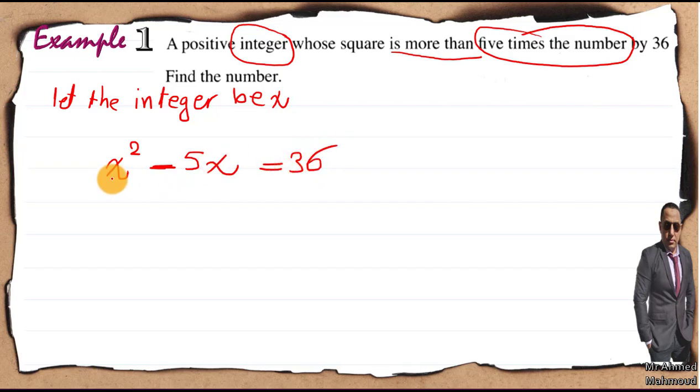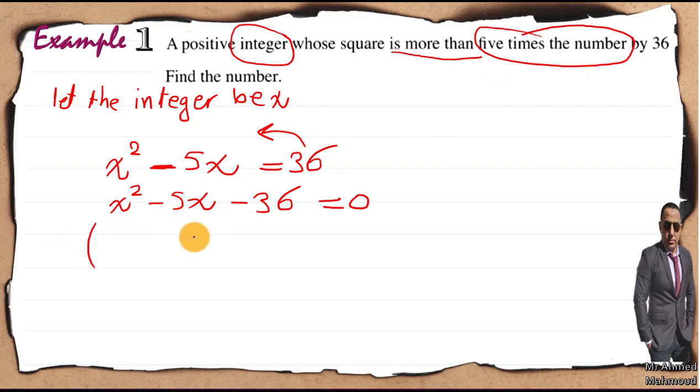So I have the number, its square, more than its 5 times: minus its 5 times, by means equal 36. Now I have a second degree equation, so I have to make this equation equal 0. So I'm going to send 36 to the left side, so it will be x to the power of 2 minus 5x minus 36 equals 0. Now I don't have a common factor, so I have to factorize directly.